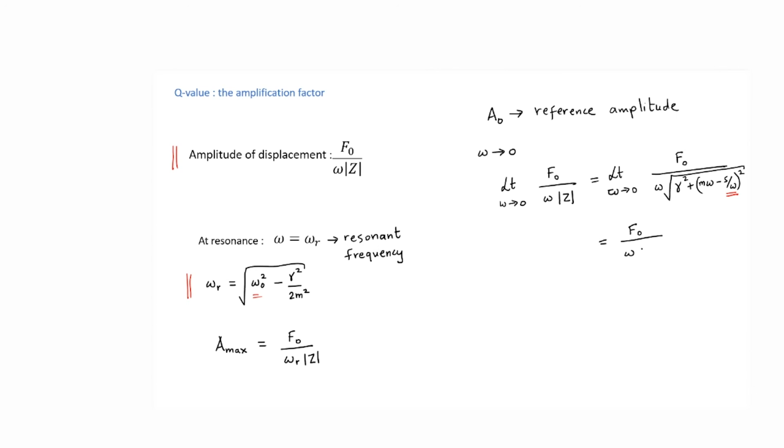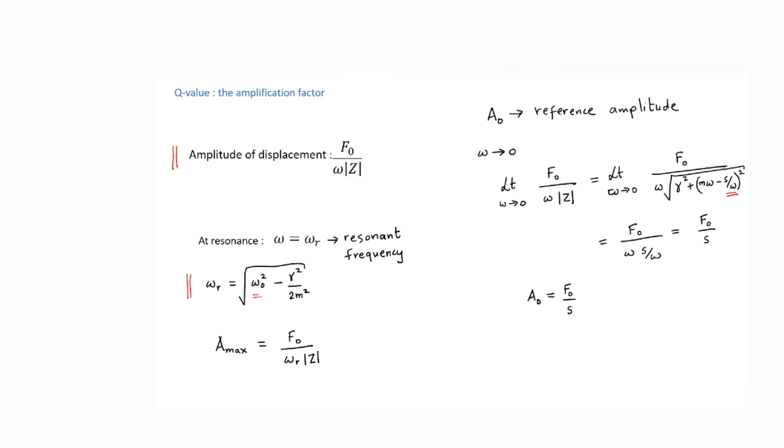So, I am going to have s by omega here, omega and omega would cancel. This would finally give me f 0 by s. Remember that s is a stiffness constant. So, in the limit of omega tending to 0, my reference amplitude is A 0, which is f 0 by s, and this reference amplitude, as you can see, is independent of omega itself.